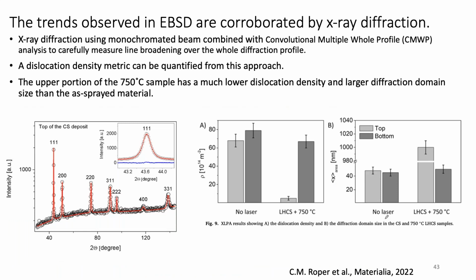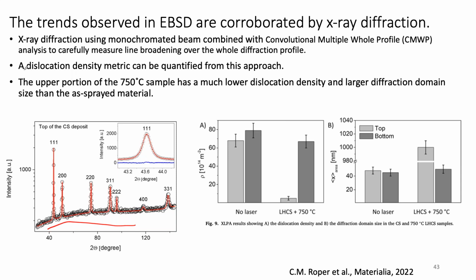Okay, well, that was EBSD. I'm a fan of using more than one technique to solve complex problems, just to make sure that we're thinking about it the right way. So we partnered with colleagues in Hungary, and we did monochromated X-ray diffraction with a laboratory system, and we combined that with a very elegant convolutional multiple whole profile fit of the entire X-ray diffraction profile. You can see the residuals, so it's a very high-end fit to account for all the different sources of broadening that we see in diffraction.